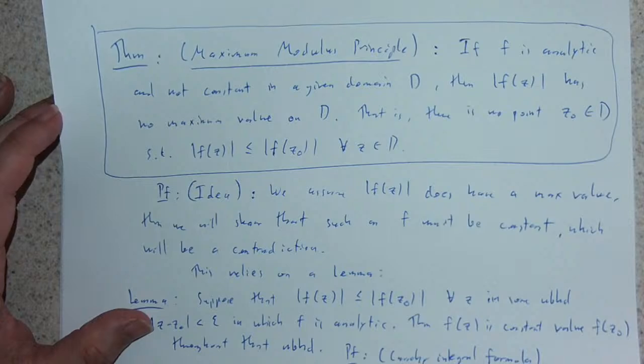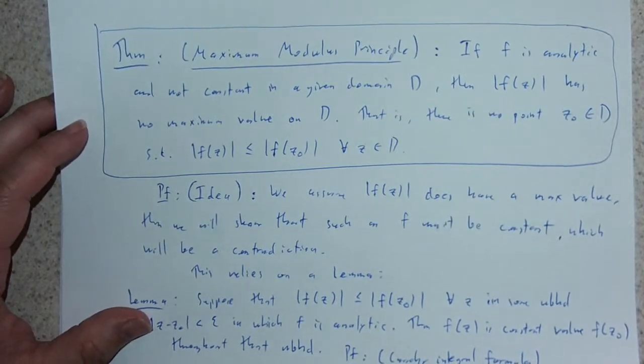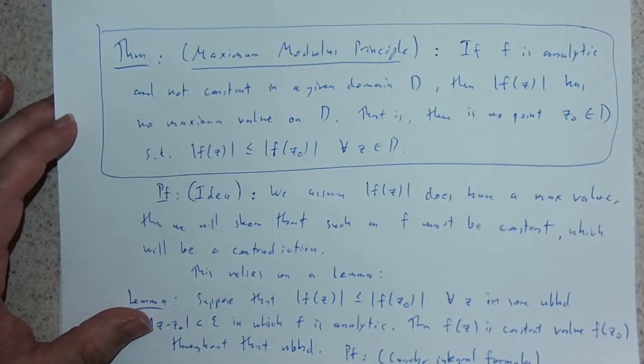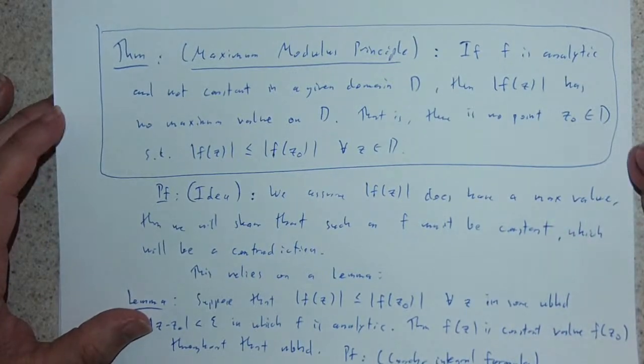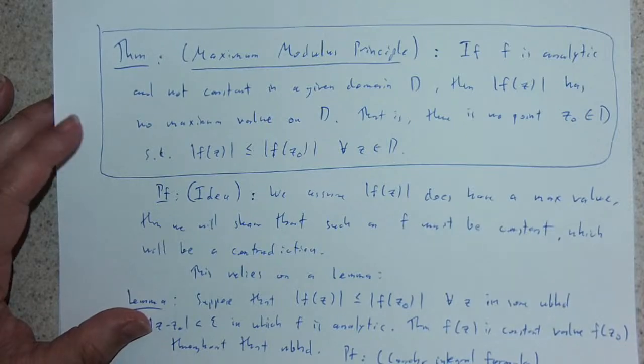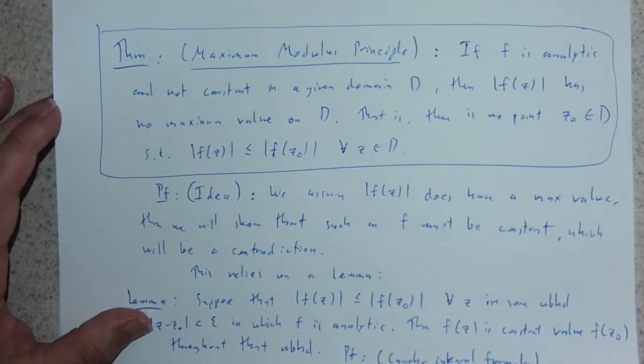The reason why this is very important is because we already have a theorem that if you have a continuous function, which is a lower order thing than analytic, on a closed and bounded set, then you're guaranteed maximum values by the max-min theorem.